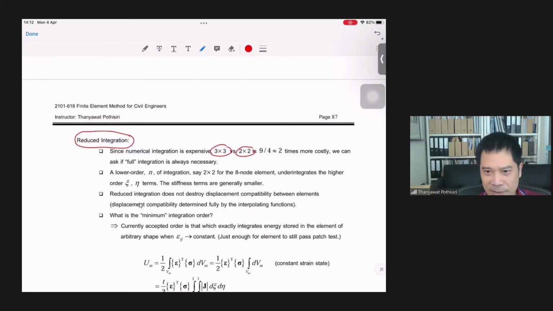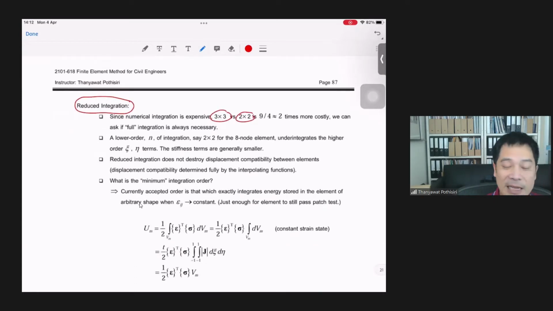But besides saving some cost, would it also provide a better solution as well? Now, as you can see, if you use a lower number of sampling points, it means that you are essentially under-integrating the higher order terms. So what would result is that the stiffness terms that you obtain would become smaller.